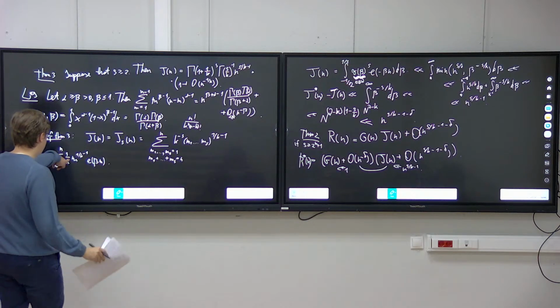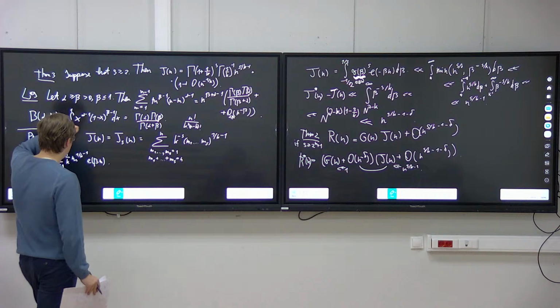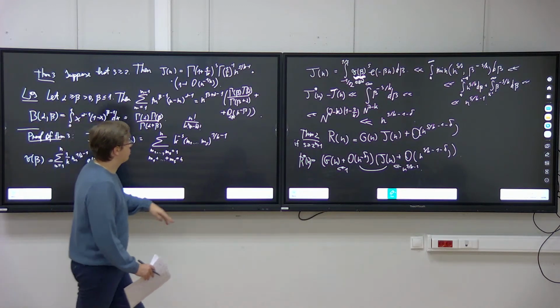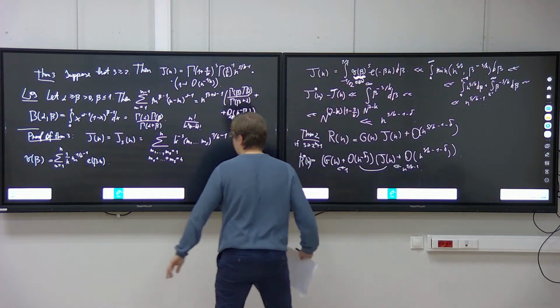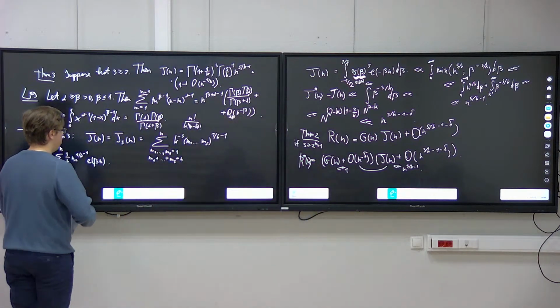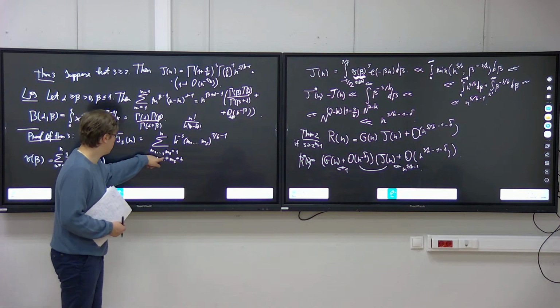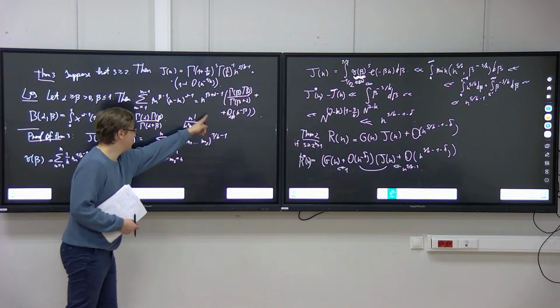This is such a sum. If we take the s-th power of it, the nth coefficient will be like that: sum over n1, ..., ns such that the sum is n of this. That's it.